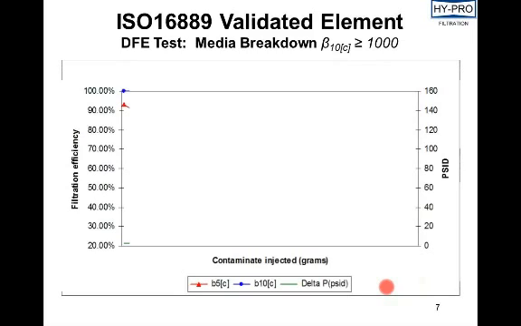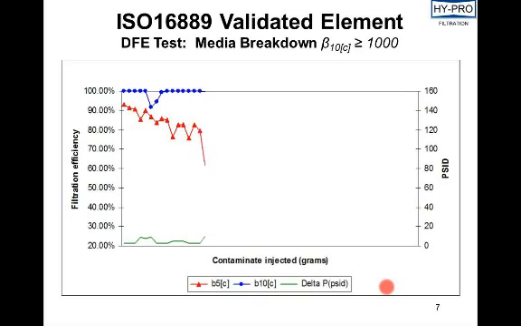This next graph shows something that's more concerning than media unloading. So again, this is an element that was designed to ISO 16889 standards. And this filter element has a rating of beta 10 sub C greater than or equal to 1,000. And what we see early on in the life of this element is it does a pretty good job with stability, maintaining its efficiency.